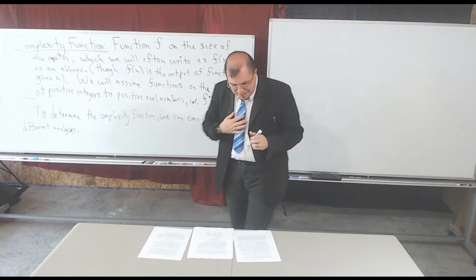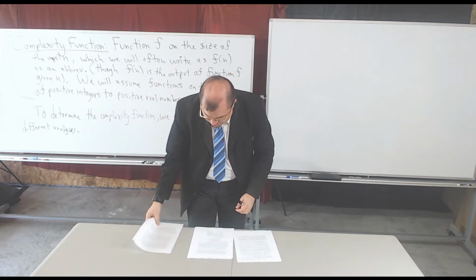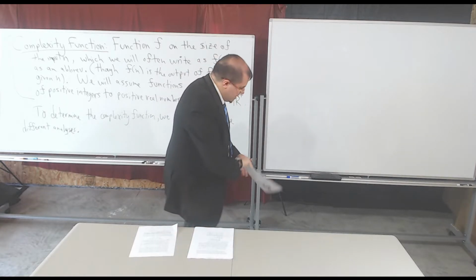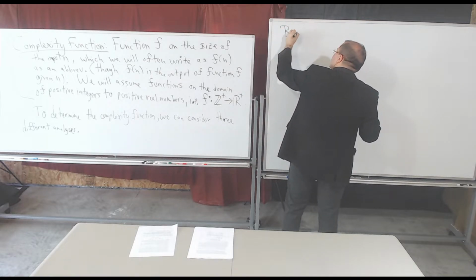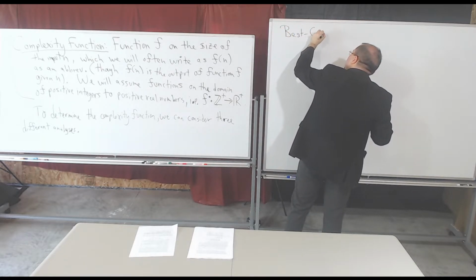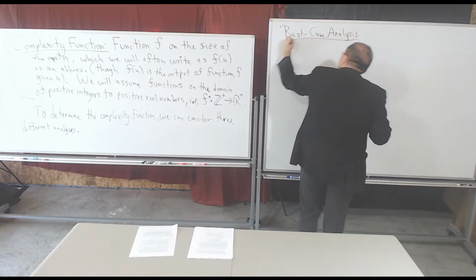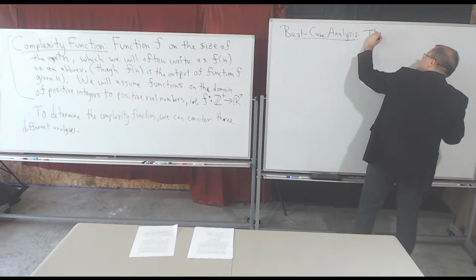Okay, so here we go. The first type of case analysis we're going to consider is the so-called best case analysis. What we're going to do is consider the best case scenario.